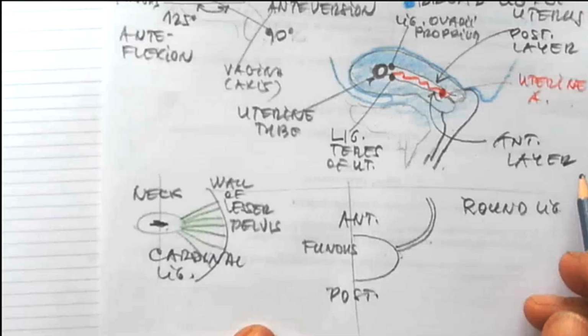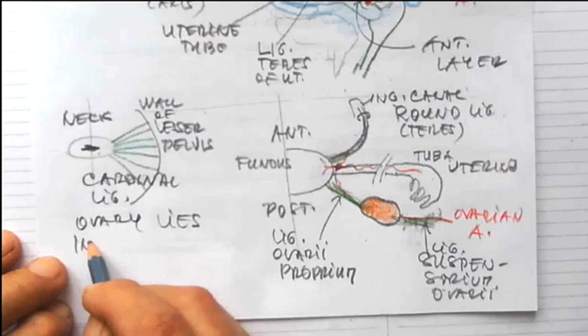And then I would say that the ovary lies in the ovarian fossa, and in the multipara, that means the woman having children, we call it Claudian fossa, which is, I would say, dorsal or simply behind the internal iliac artery plus vein.